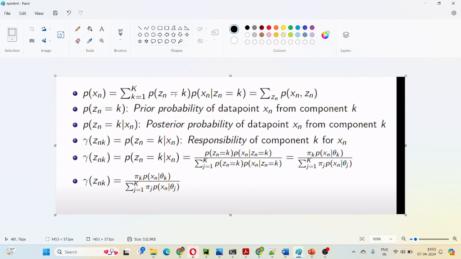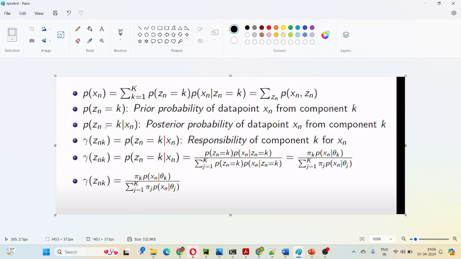Marginalization is for parameter estimation, right? So removing the parameter Zn here. They have represented it as the joint probability between xn and zn, summed over zn. So the prior probability, and the important part is here.